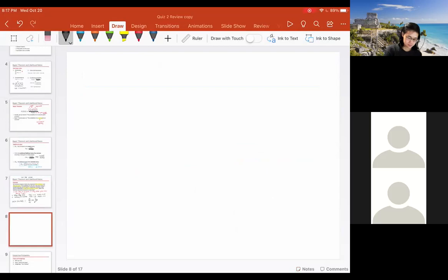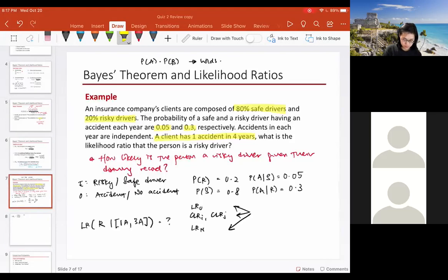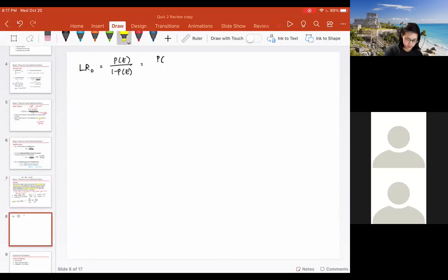So first, LR0 is the probability of the event over 1 minus the probability of the event, right? And here the event of concern is risky driver. P(R) over 1 minus P(R), and that's just 0.2 over 0.8. That's just 0.25.